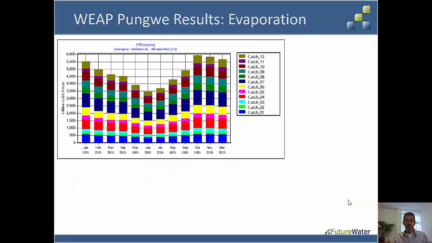The last example of output I want to show is on evaporation. If we are talking about irrigation, then it's very important to have sufficient water available for the evaporation from your crops. Normally we express that as the demand, the potential ET, the demand of the crops. For one particular year, in the wet season the demand is somewhat lower, and in the hot season it's somewhat higher.